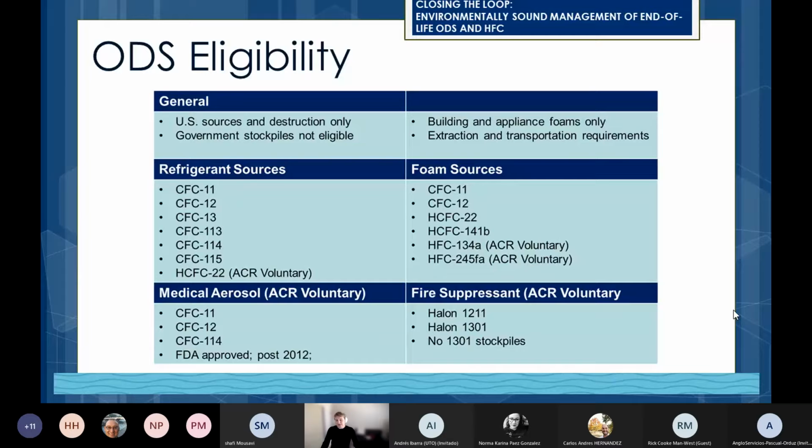But then in the voluntary market, additional HCFCs would be allowed. And these are things, again, that the project developer would pay attention to, but the registry is responsible for writing the rules that allow different sources from different categories.